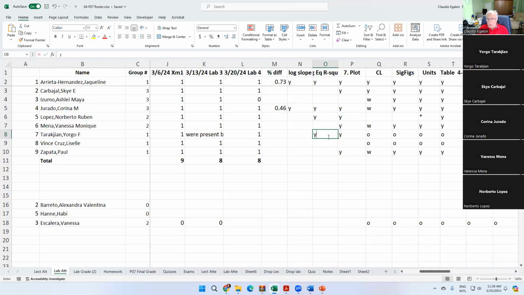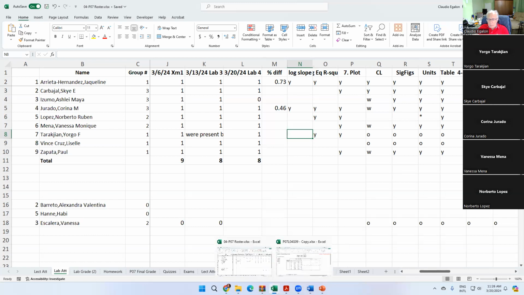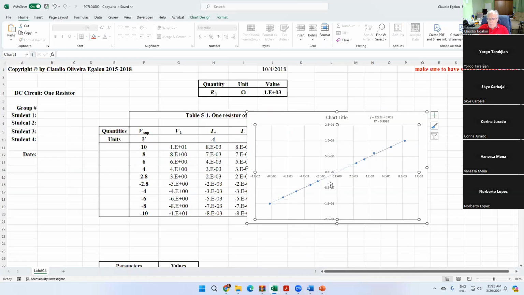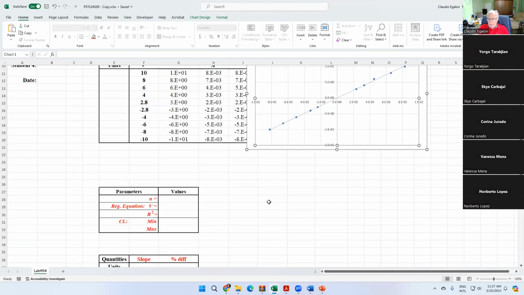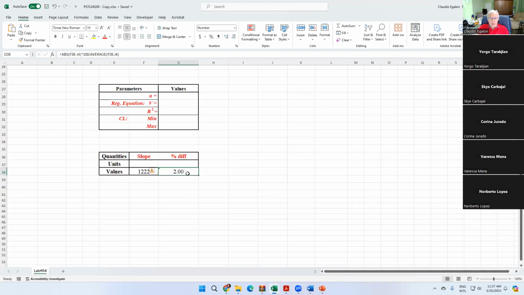Okay, so the next, did you log the slope in the last table? Check the last table. One second. Okay. Yeah, we did it. Okay, what percentage are you getting? Here you go. Here's the slope, where the slope goes, right? What percentage difference do you get? For which one? The single, the series, or the parallel? Oh, you log the slope in this table, right?